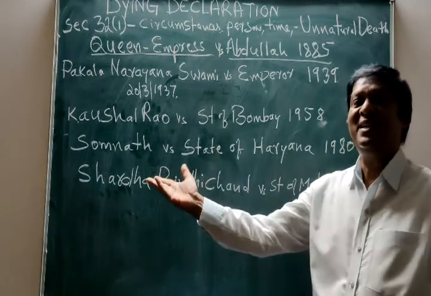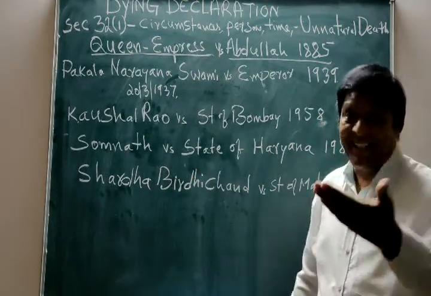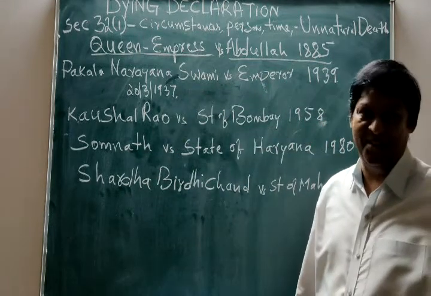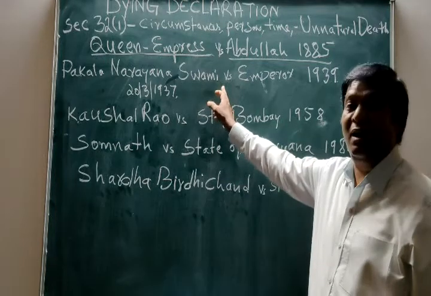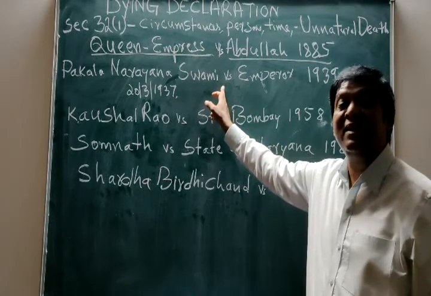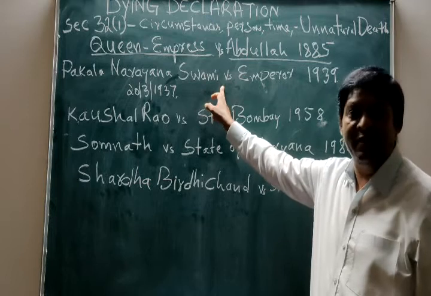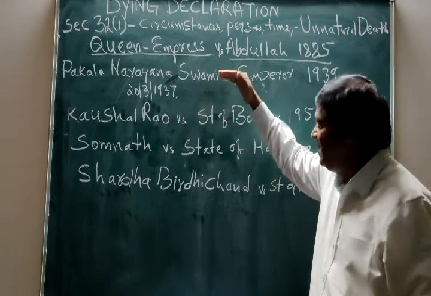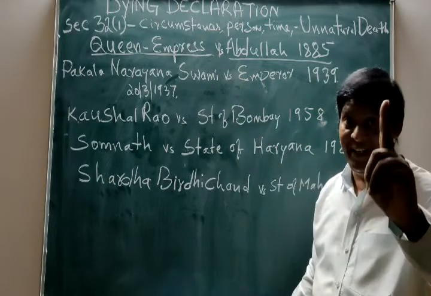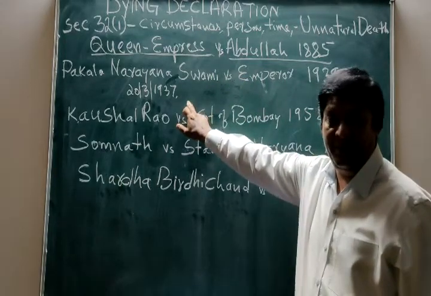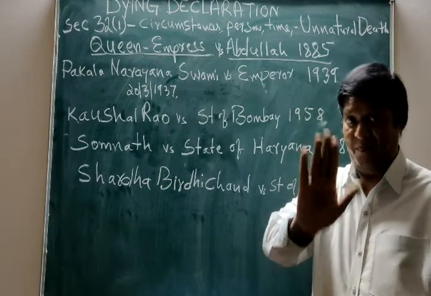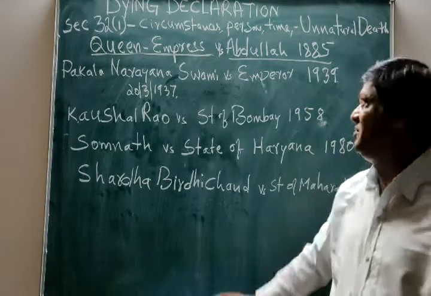So, the dying declaration is accepted along with all other circumstantial evidence, and Pakala Narayana Swami, son-in-law of the DC, was given the death sentence. Okay, so this is one. Don't forget this date. This date is very important in writing the exam. Okay, another beautiful case.